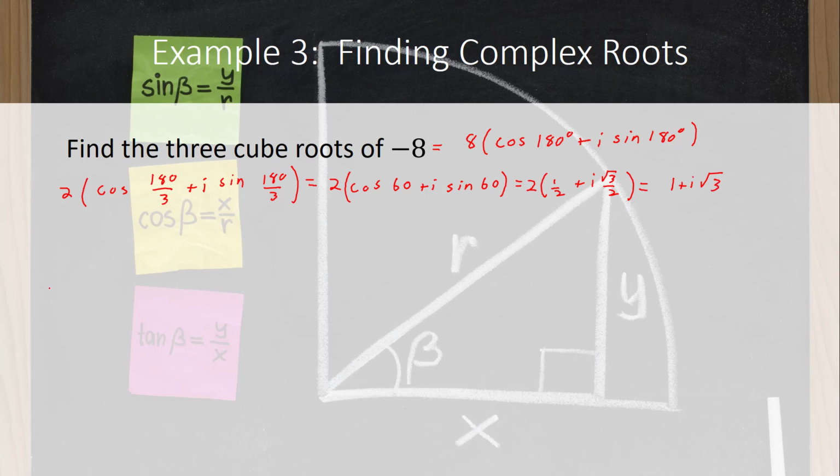Okay, now for the next one, root number 2, that is going to be 2 times the cosine of 180 plus 360 over 3 plus i times the sine of 180 plus 360 over 3.